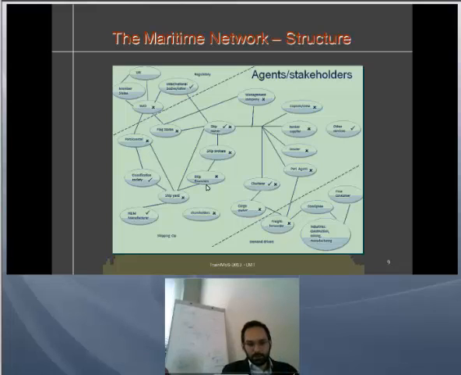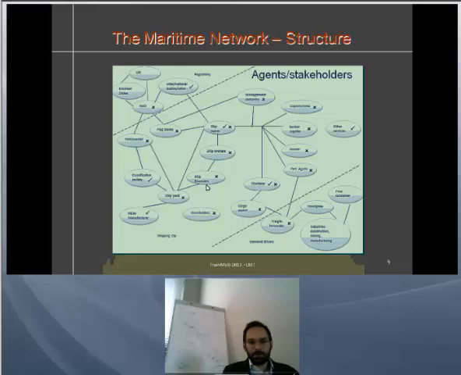In the middle of the diagram, we have, of course, the shipping operations, which are the stakeholders relevant to the shipping operations. And as we previously described, it can be the shipyards, the ship financiers, the flag states, the ship owners, or the management companies, or even the port agents and the bunker suppliers that are involved in everyday operations of the ships.